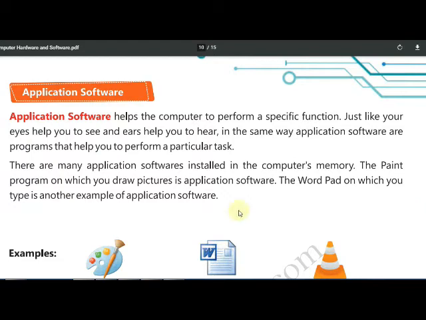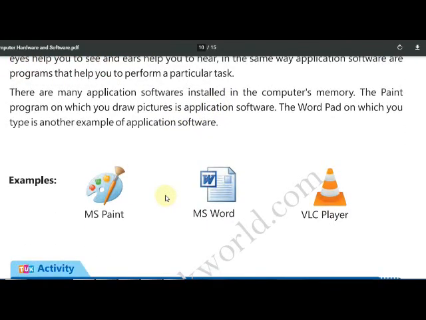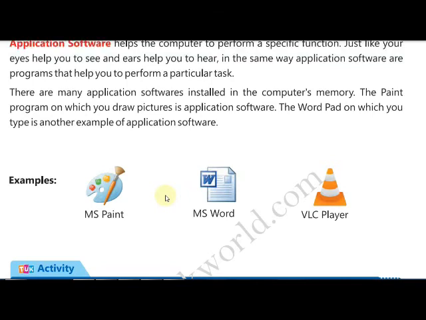So this is about application software, and so many different application softwares are available today, for computer also, for mobile also. Some of these are used to play games, some to listen to music, some to type any passage, and some to do calculations. So these are the examples of application software.